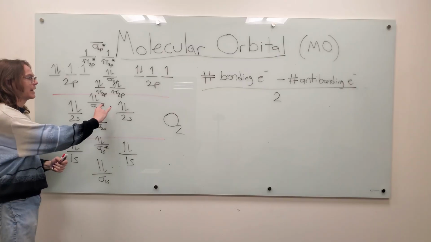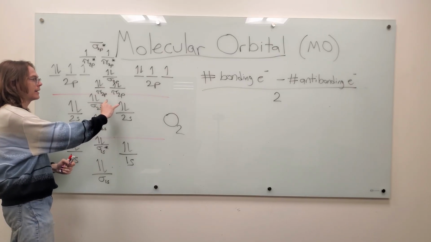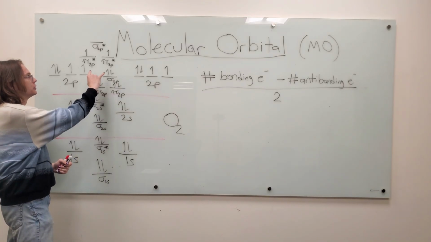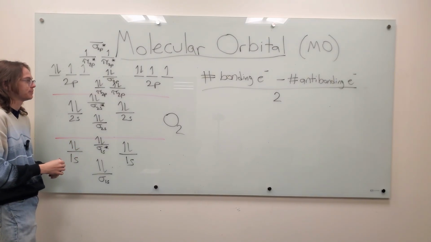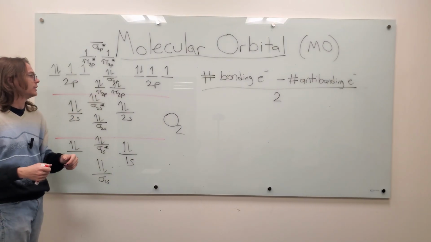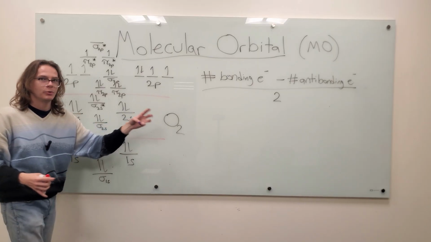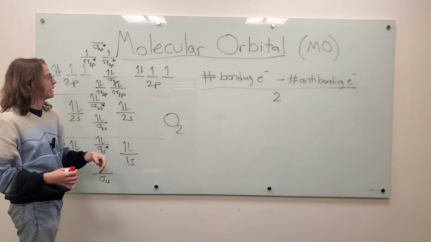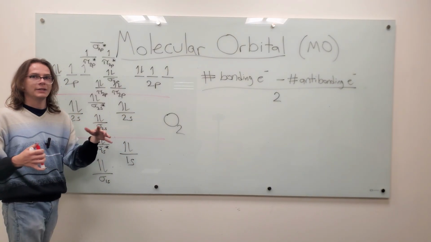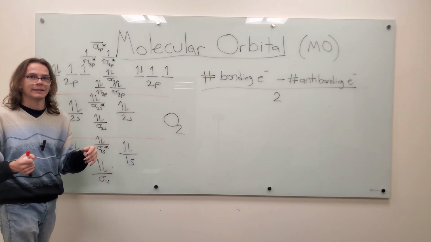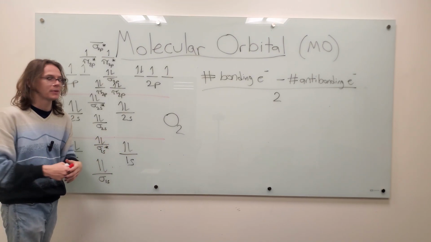If you were wondering, the reason that we have these 2 pi 2p orbitals and these 2 pi 2p antibonding orbitals and 1 sigma orbital is because, of course, you have 3 p orbitals, and so each p orbital can contribute to a sigma bond or to a pi bond.